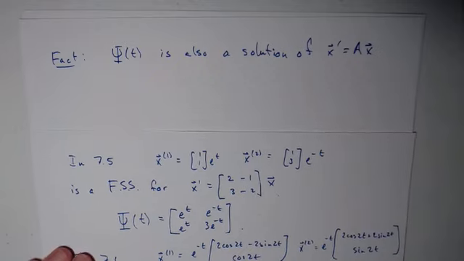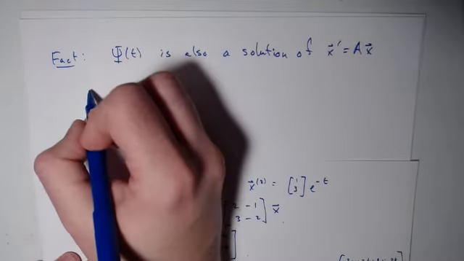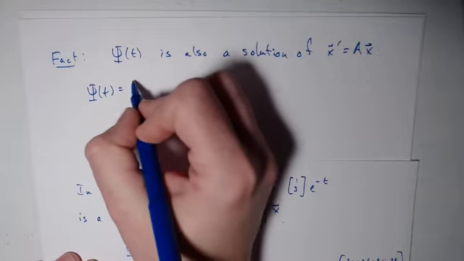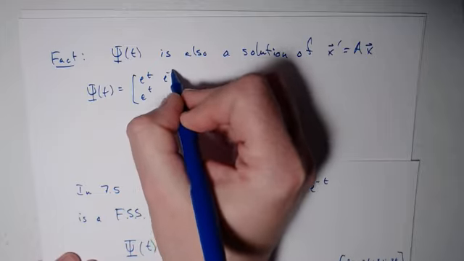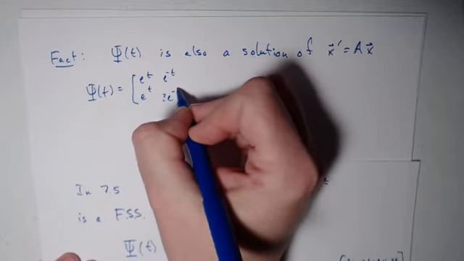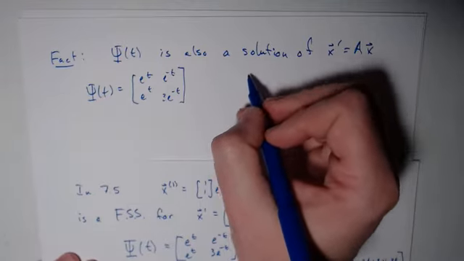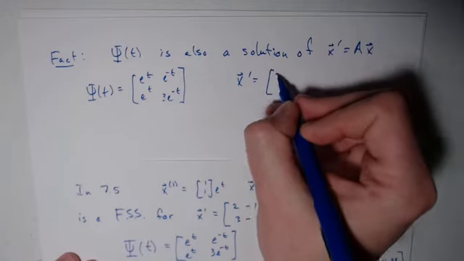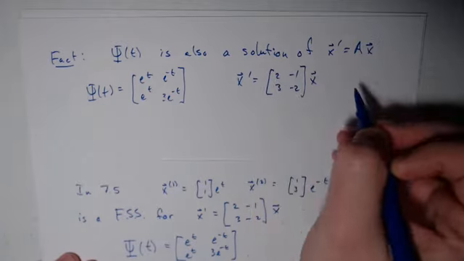So let's go ahead and do that with the first one from the previous slide. If we have psi of t equals e to the t, e to the t, e to the minus t, 3e to the minus t, and our system was x prime equals (2, -1; 3, -2) x.